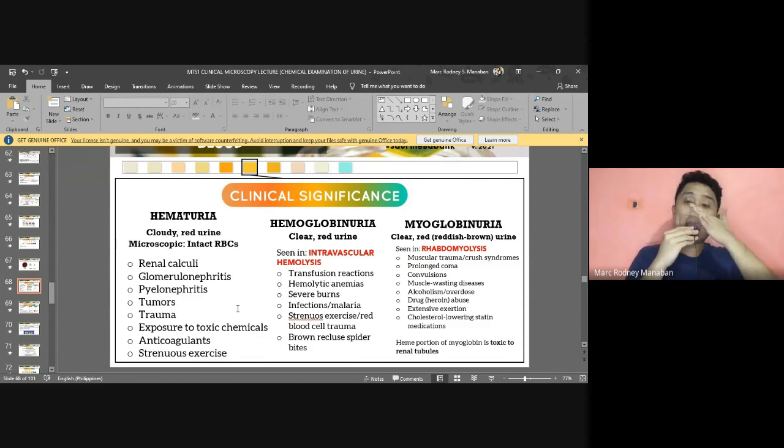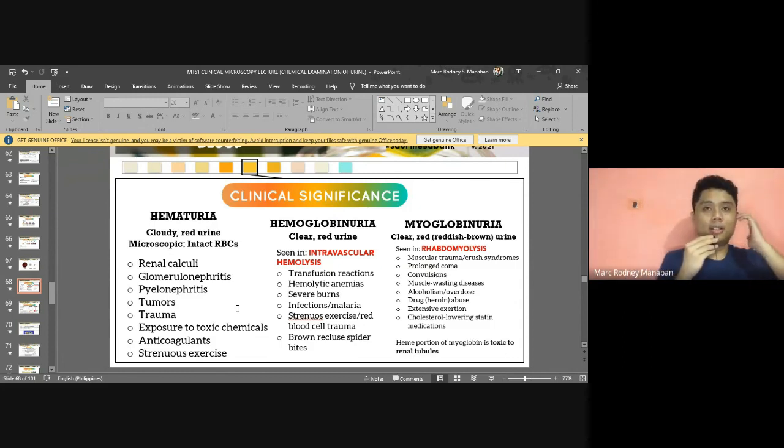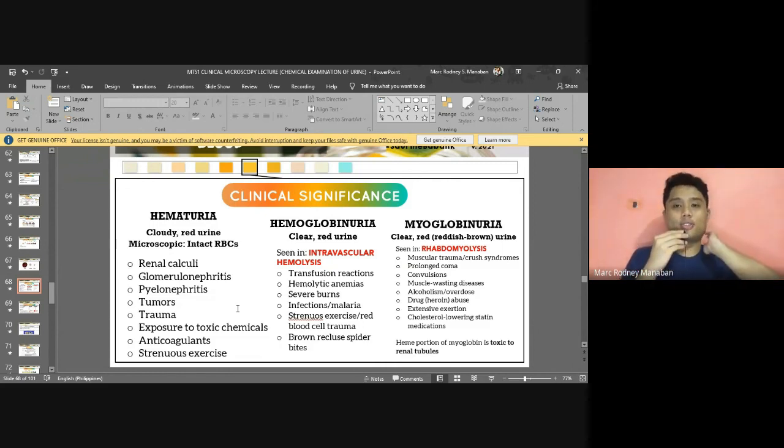Or yung color kay normal na yellow, alright? Or mga shades of yellow. Ngano gani possible? It's because nasa dito pero in gamay lang ang concentration. Ilahang concentration is just little, okay? It will not reach to the point na mo change na ang appearance sa urine to their normal color na cloudy red for hematuria or clear red sa hemoglobinuria. Alright? Okay, but it's really possible.